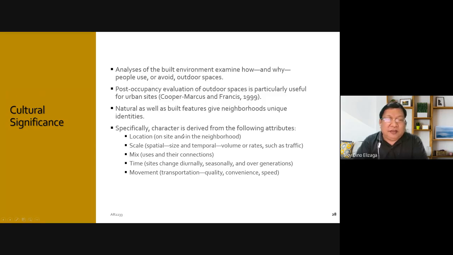whether there is a strong bond among the neighborhood. The scale, whether it is very big or very small, or whether it's so temporary, because in a place where people know that they can only live there for a few months, normally they don't take good care of the place.